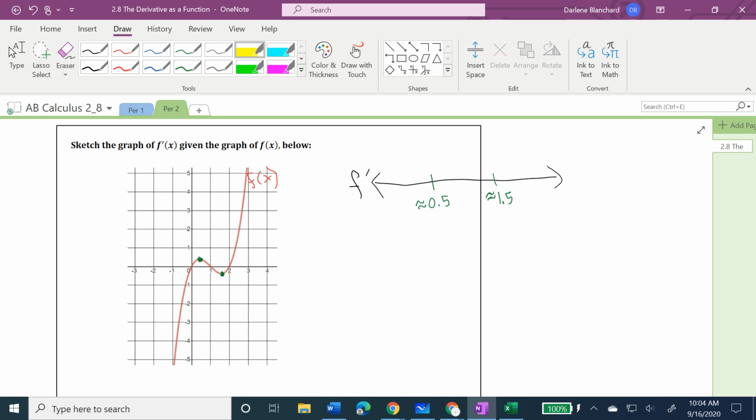Now, what this number line is doing is it's splitting the domain up into 3 sections.